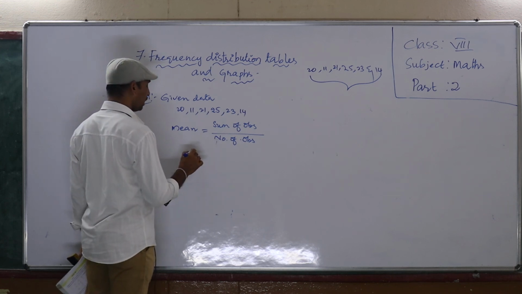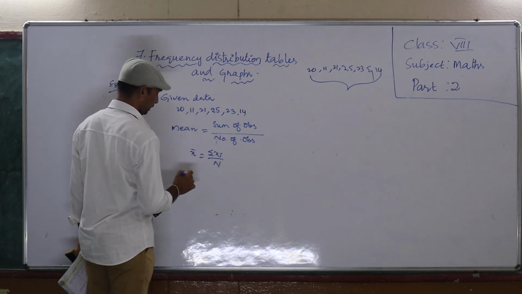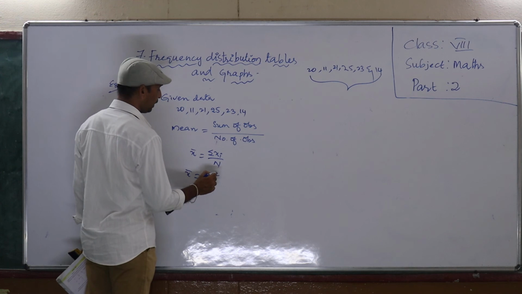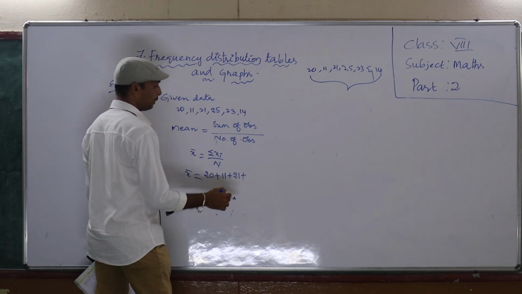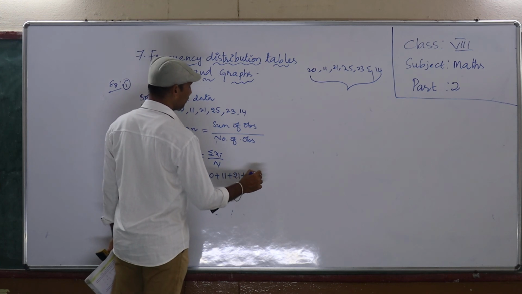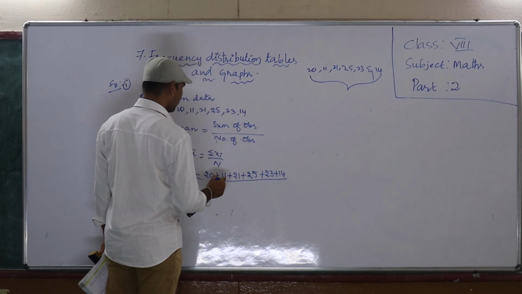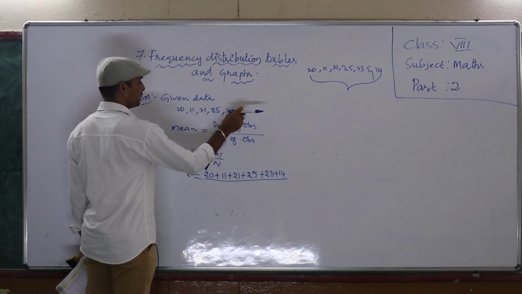So x bar is equal to sigma xi by n. Then x bar is equal to 20 plus 11 plus 21 plus 25 plus 23 plus 14 by number of observations, 1, 2, 3, 4, 5, 6.